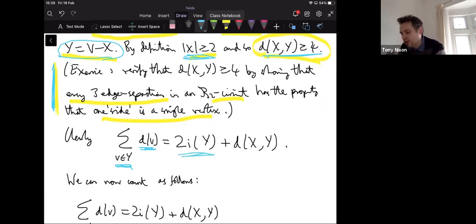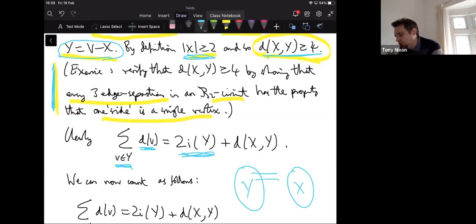So it's not just twice the edges induced by Y, it's also the edges between X and Y. There's Y here and there's X here. These edges count towards the degree of vertices in Y at those ends, but they count once rather than the twice of an edge within Y, which counts towards the degree once here and once here. So it's twice for the edges in Y and once for the edges between X and Y.